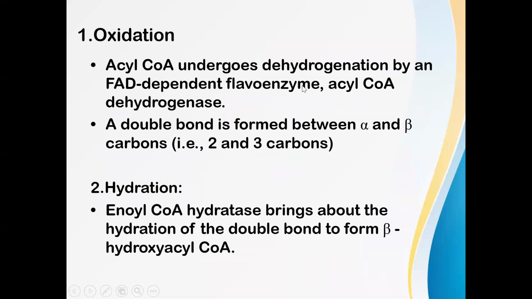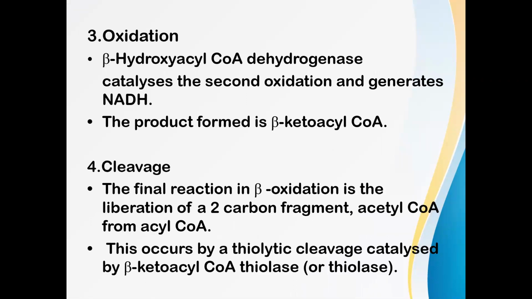The same thing, whatever is explained: oxidation is by a FAD dependent flavoenzyme. The enzyme name is acyl CoA dehydrogenase. A double bond is formed between alpha and beta carbons. Then hydration leads to the formation of beta hydroxy acyl CoA. Then again oxidation, which is NAD dependent. The product formed is beta keto acyl CoA.